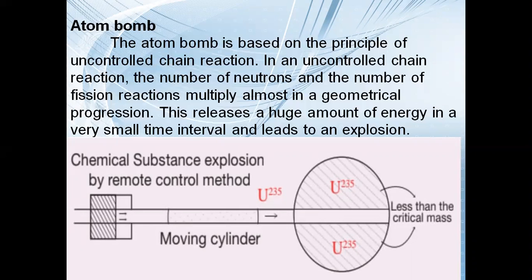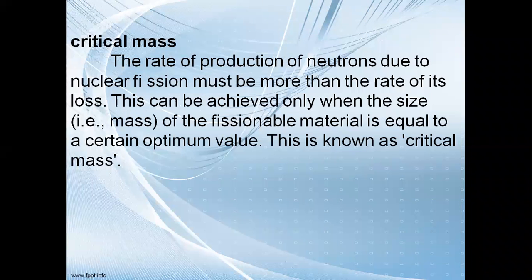So next is critical mass. What is meant by critical mass? The rate of production of neutrons due to nuclear fission must be more than the rate of its loss. This can be achieved only when the size of the fissionable material is equal to a certain optimum value. This is known as critical mass.